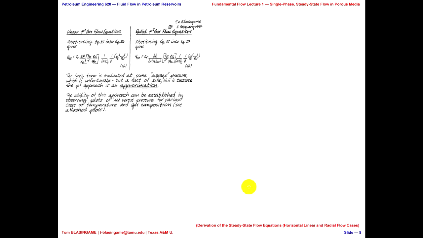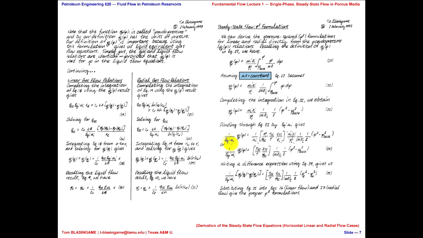There is another approach to this, and as I was mentioning, I won't go through the details, but if we assume mu z is constant in the definition of pseudopressure, we end up with an expression that is basically defined as, you just keep working through the algebra, and, well, let me show what this looks like.